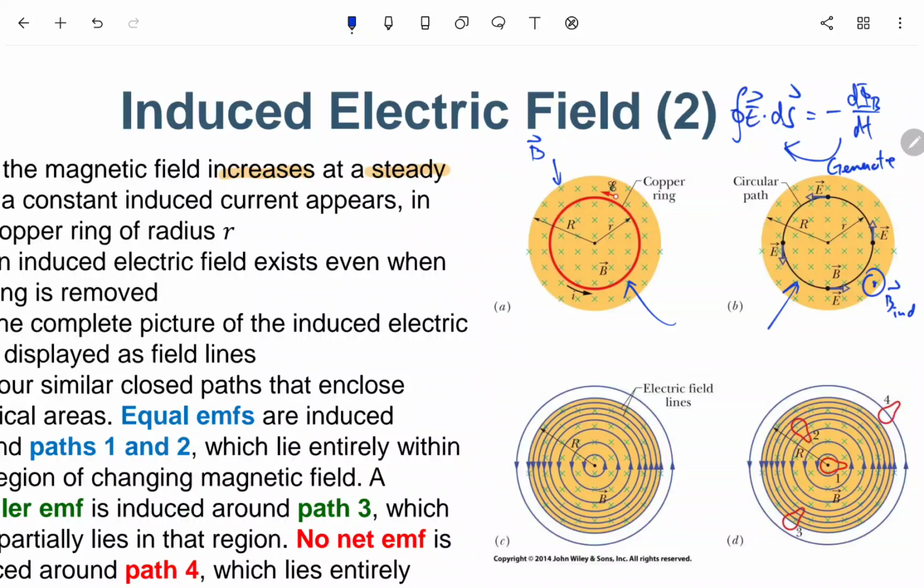Using the right hand rule, your thumb is pointing out of the page, and your four fingers will be counterclockwise. So if there's a current flowing counterclockwise, this loop will generate B induced pointing out of the page.